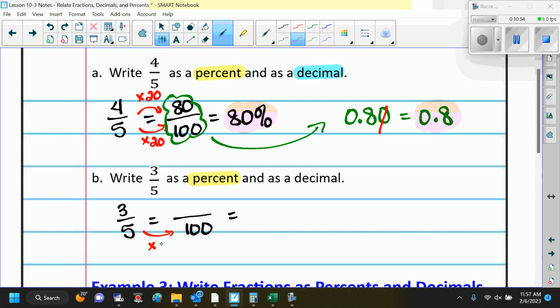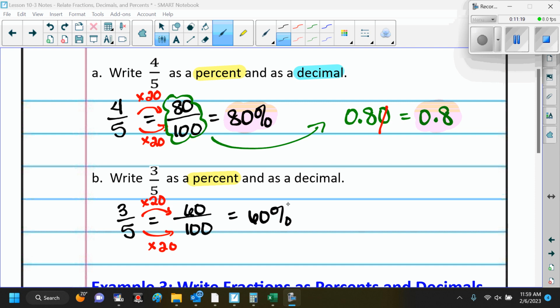Times 20. So if I multiply the numerator times 20, that's going to give us 60. So 60 per 100, it means 60 per cent. 60%.